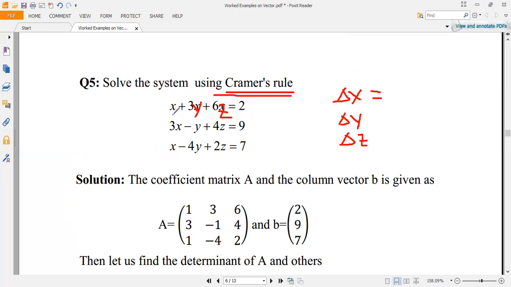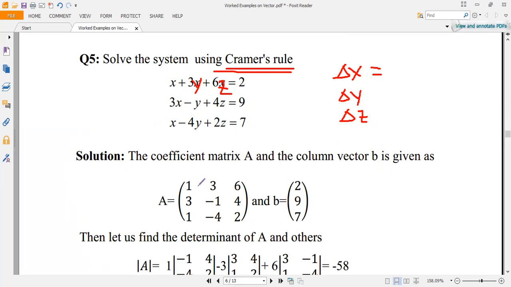If we are going to determine the value of x, we replace the first column of the coefficient matrix by the column vector 2, 9, 7. The determinant for y is obtained by replacing the second column by the column vector 2, 9, 7, and similarly the determinant for z is obtained by replacing the third column by the column vector 2, 9, 7.